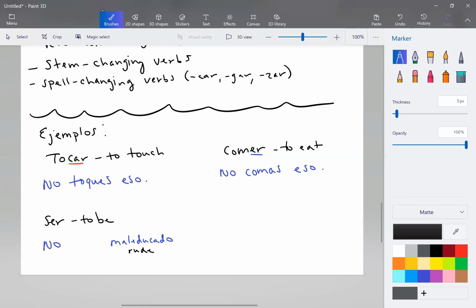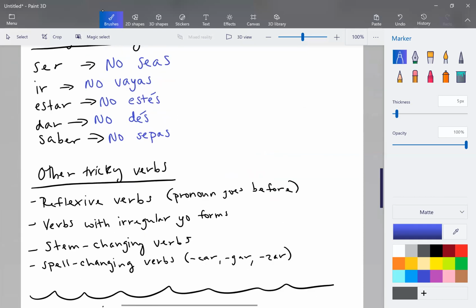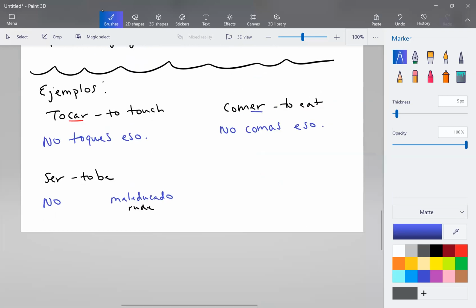What will we do with ser? Make it soy. Say seas, because it's an irregular one. Yep. No seas maleducado.